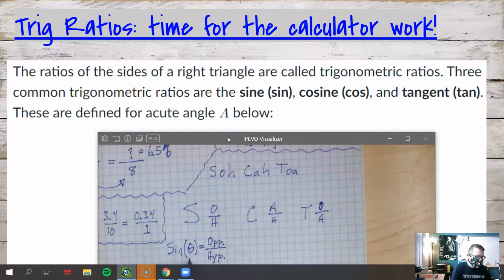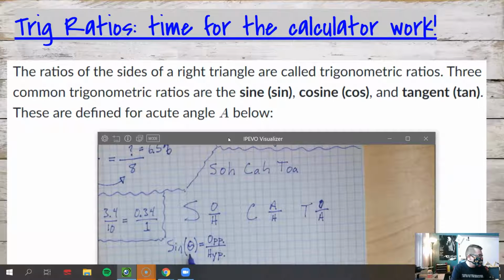So if you plug in 20 degrees or 30 degrees or 40 degrees or whatever degrees that is not 90, because we can't use the right angle as our reference angle. We'll dig more into that later because I don't have much time today.